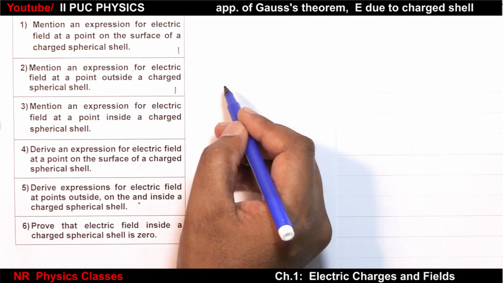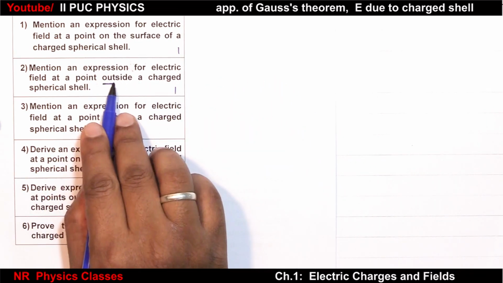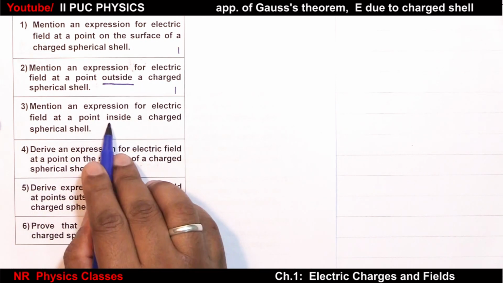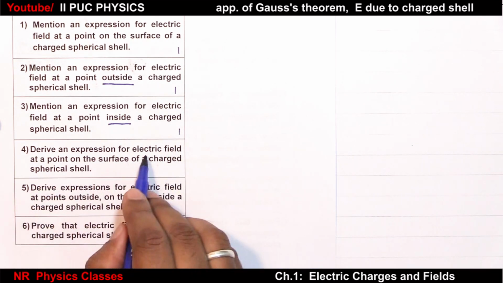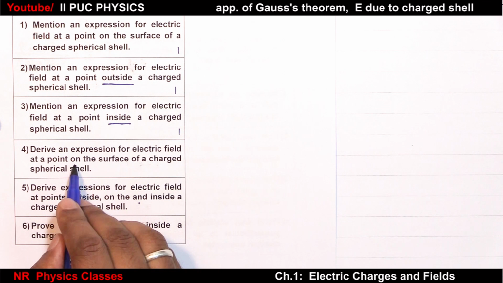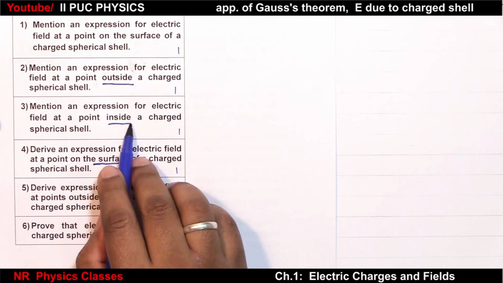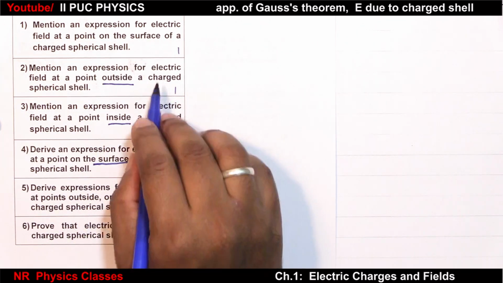There are 3 cases, right? Outside, on the surface and inside. So this is outside. Mention an expression for electric field at a point inside, 1 mark. Electric field at a point on the surface for 1 mark. Inside it is 0, on the surface, yes, finite electric field.